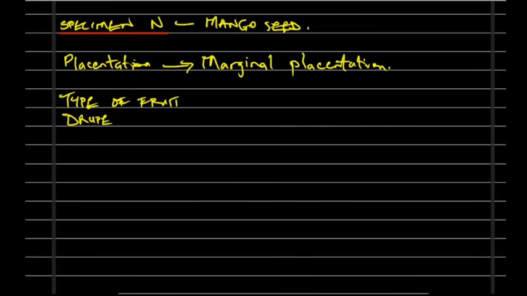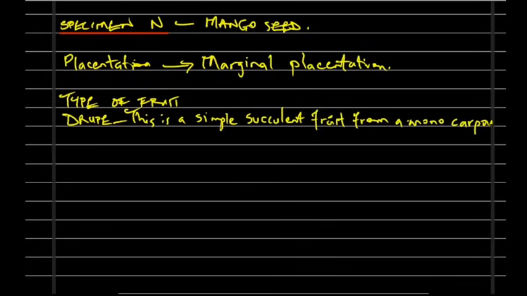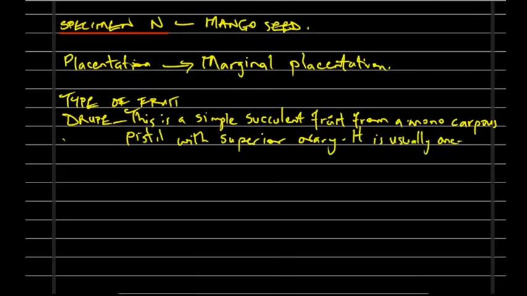A drupe is a simple succulent fruit from a monocarpous pistil with superior ovary. It is usually one-seeded.